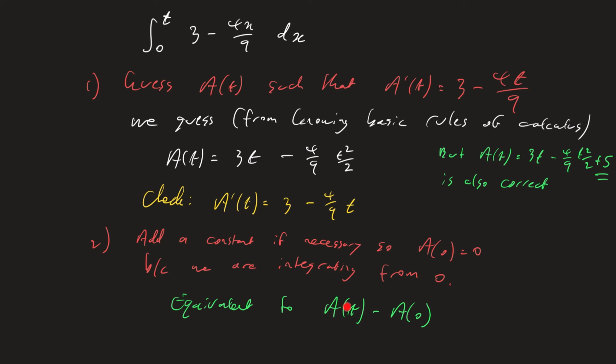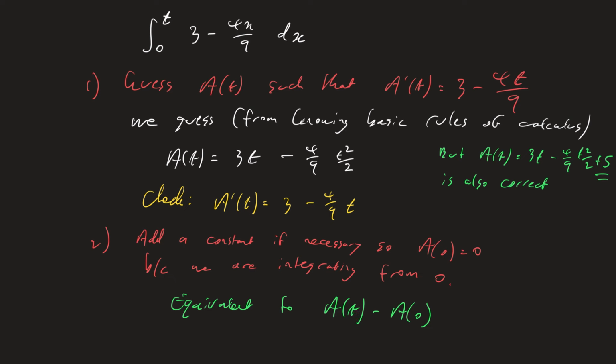This is equivalent to saying, once I've found an A of t, the particular A of t that I want is obtained by taking the A of t that I found and subtracting off A of 0, because this will make sure that when t is equal to 0, I get 0 here.